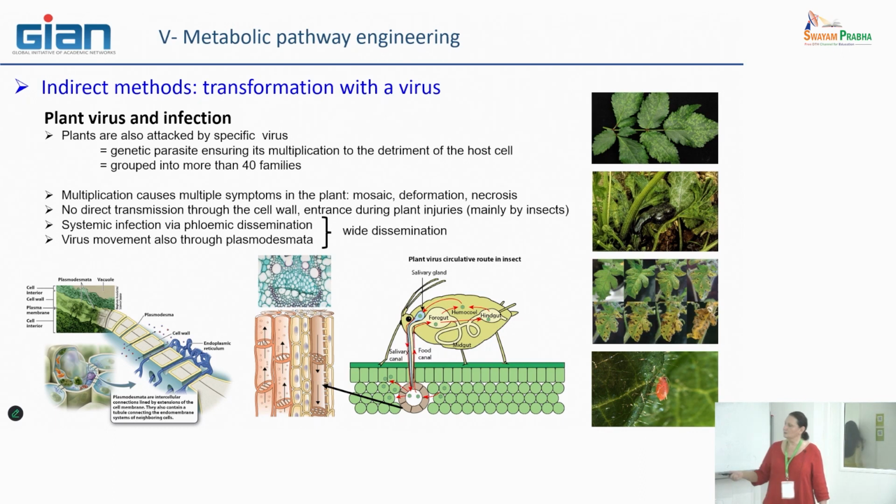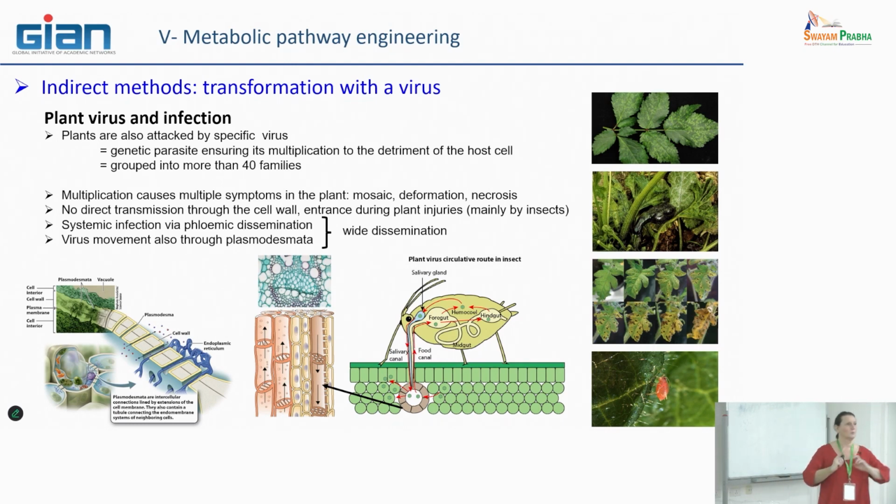Secondly, when these viruses are in the vessel cells, they can also go out via what we call plasmodesmata, and plasmodesmata permit the virus to go everywhere in the plant.